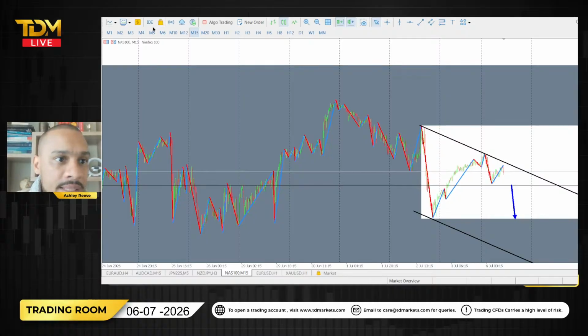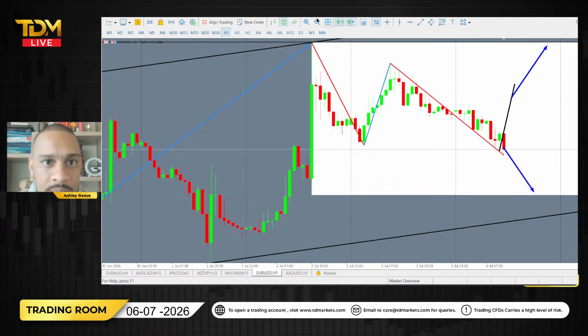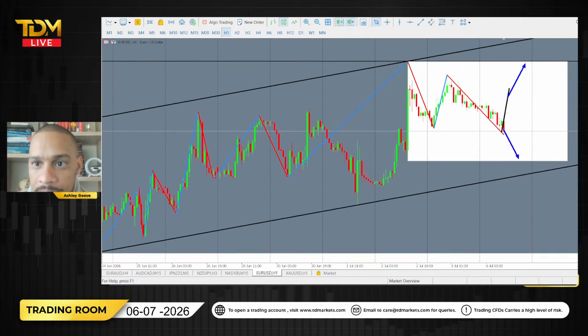Now I've highlighted both on the Euro USD and the NASDAQ, as to one specific area, this white zone. So let's go to the Euro USD. The same here. Look at that.